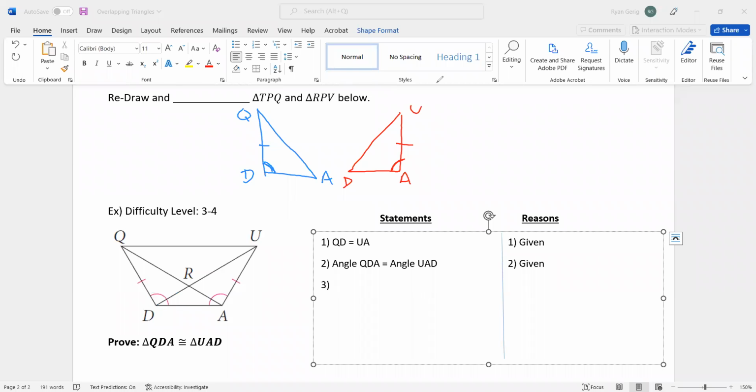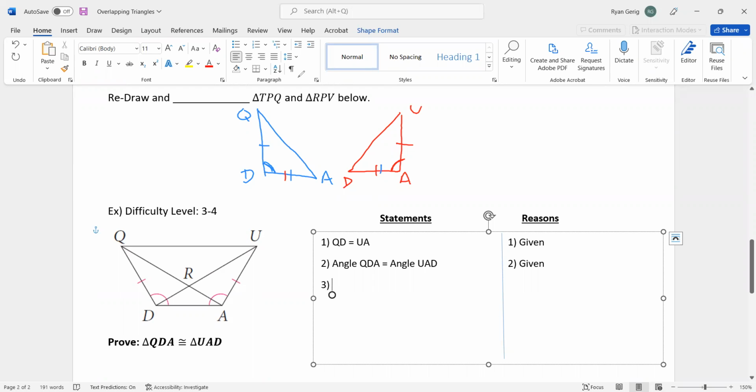Okay, what's my third? Well, these are overlapping triangles, right? Did we identify the shared part yet? No, we didn't. What is the shared part? Isn't it DA? Now, again, I'm not a huge stickler about this, but it is a good thing to hear and see.